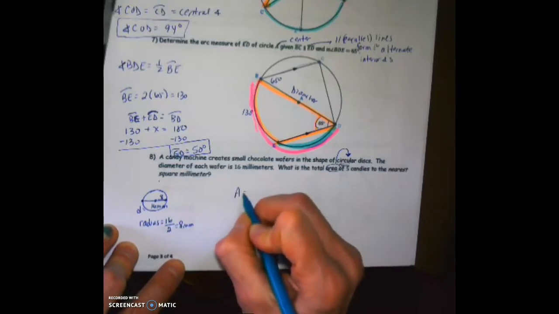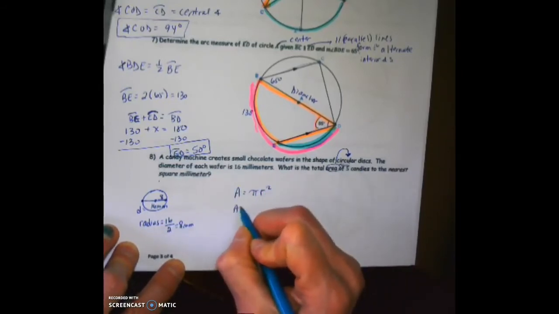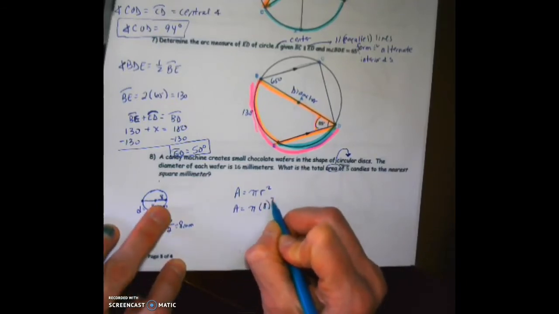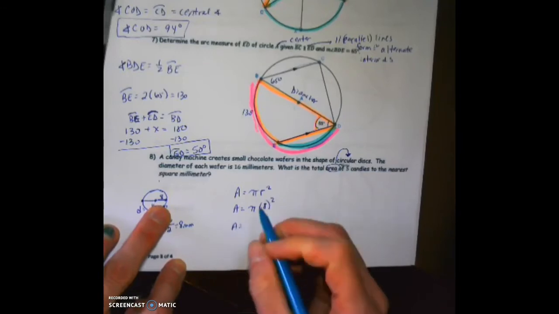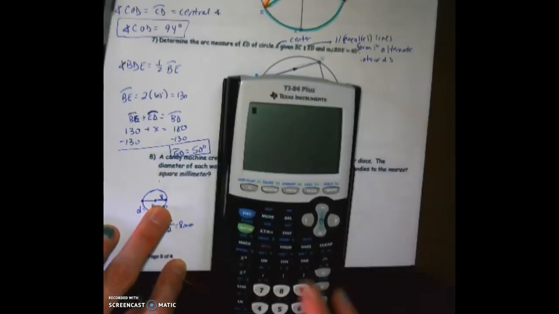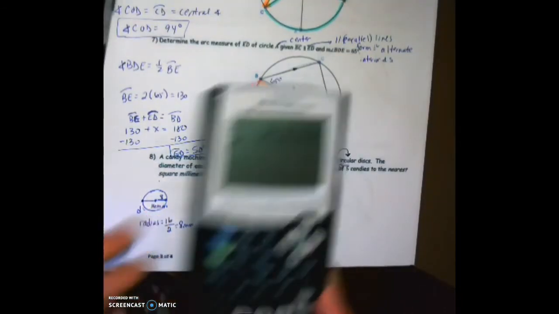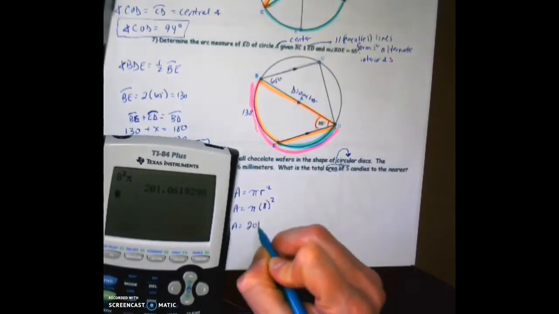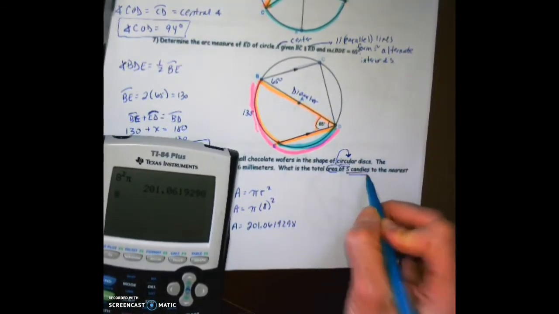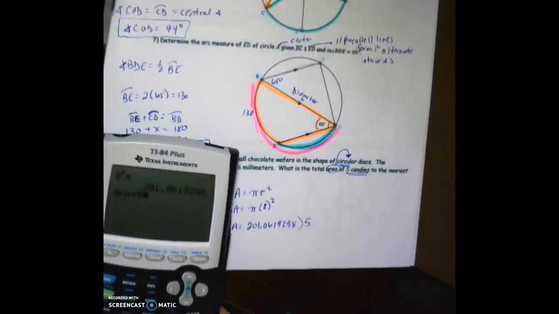Well, the area of a circle, if you look on your reference sheet, is pi times the radius squared. So the area of one circle is pi times the radius, which we found to be 8, squared. So the area of one wafer is going to be 8 squared times pi, which is 201.0619298, but they want 5 candies. So we're going to take the area of one of them and multiply that by 5.